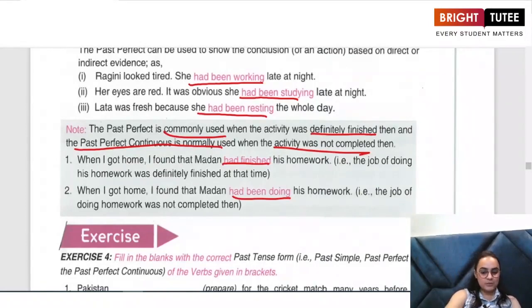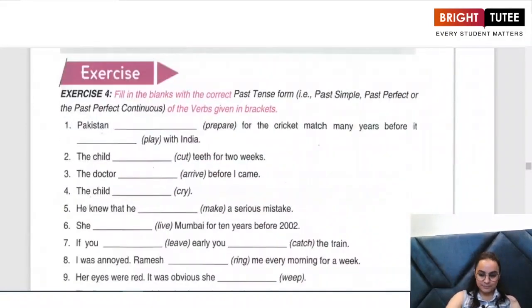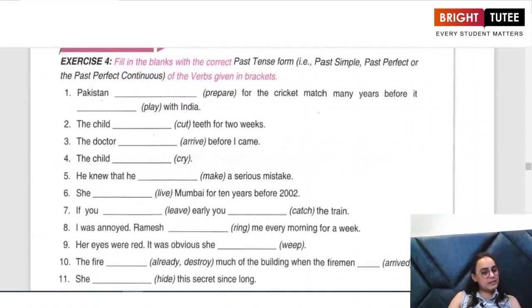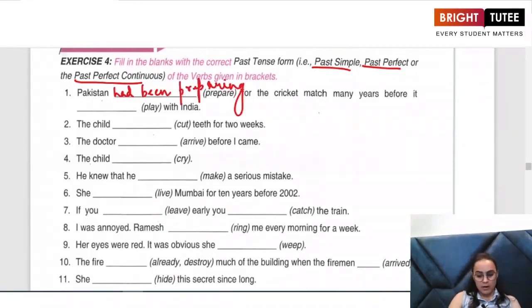So now, my dear students, let us look at the exercises. Fill in the blanks with the past simple, the past perfect, or the past perfect continuous tense of the verb. Pakistan prepared for the cricket match many years before it played with India. Many years it was taking place in progression. So Pakistan had been preparing a cricket match for many years before it played with India.